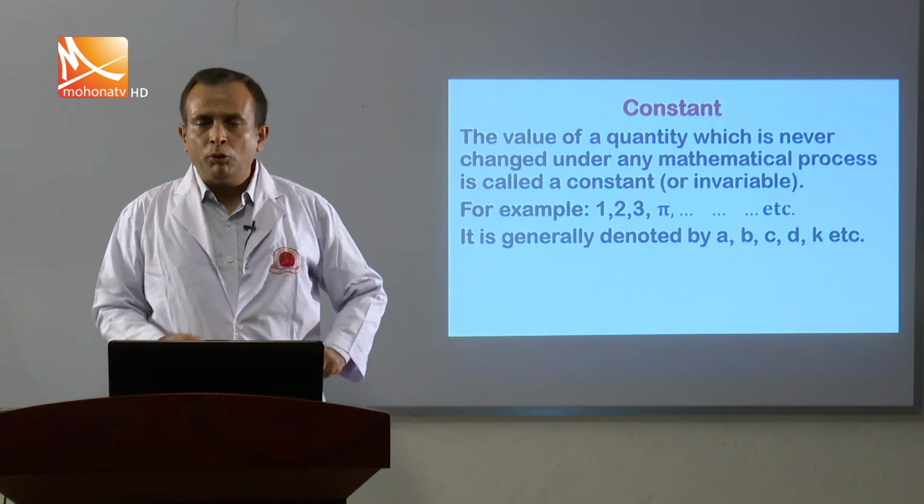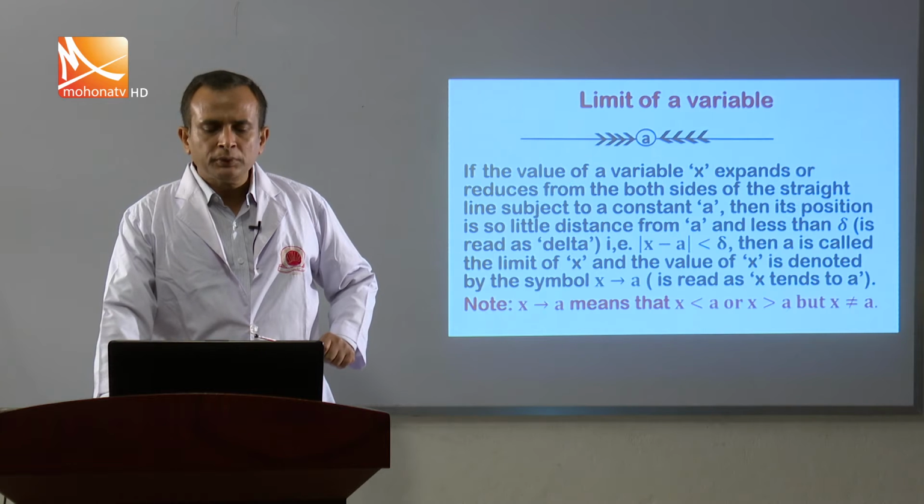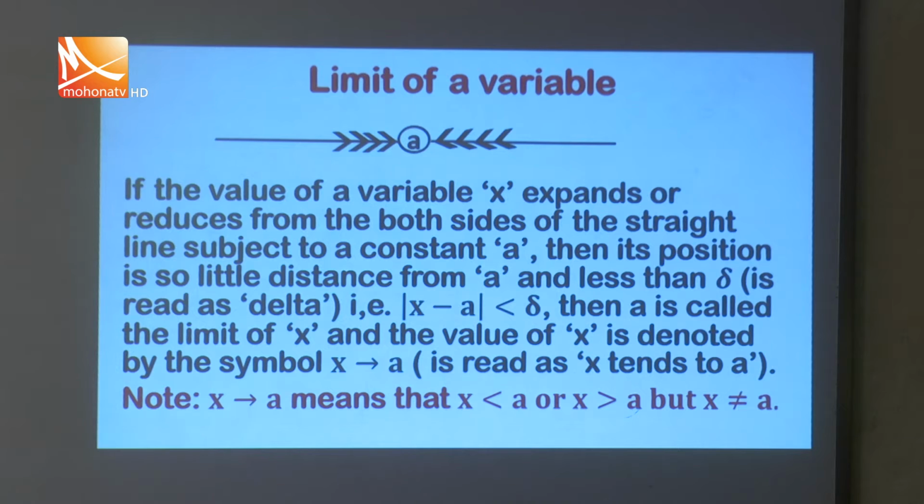Dear student, now we would like to see the limit of a variable with the help of a number line. In the number line, a is a constant. The right side of a indicates a plus, more than a. The left side of a indicates a minus, that is, less than a.